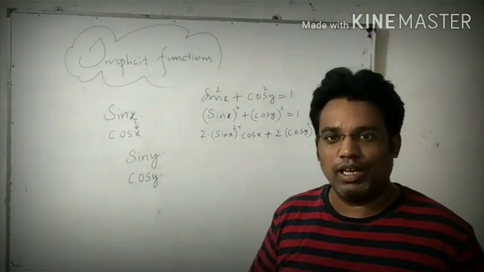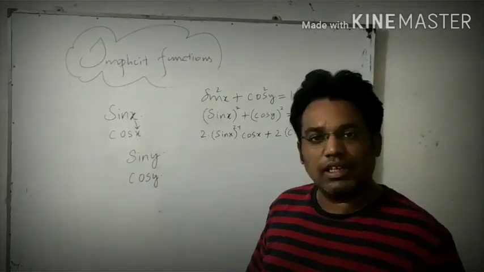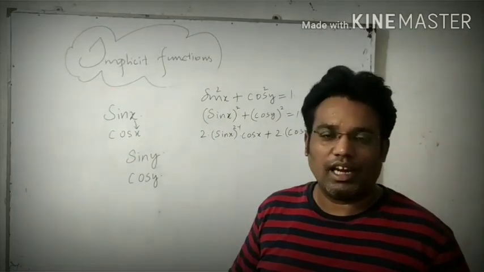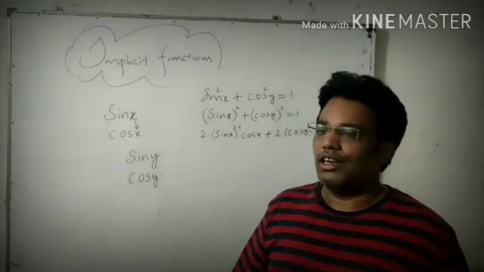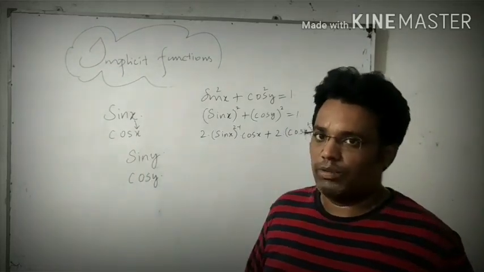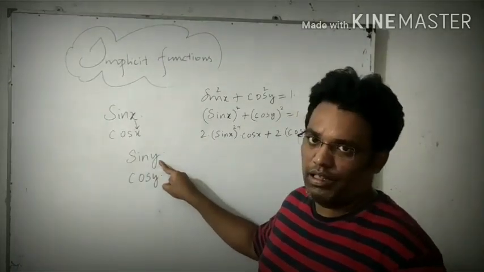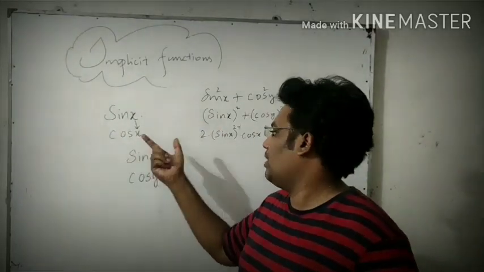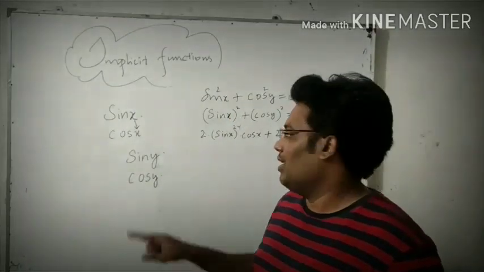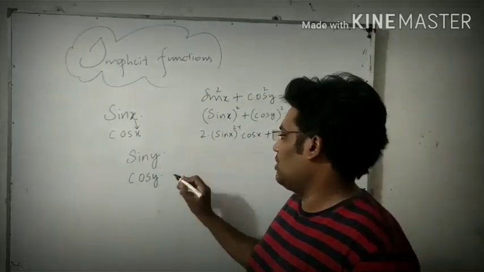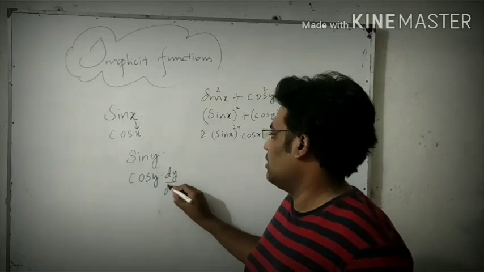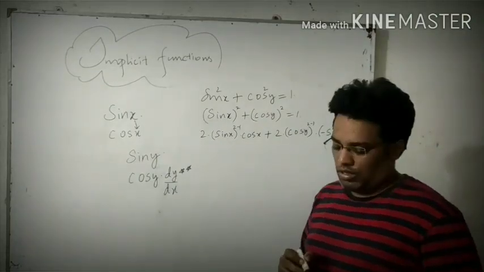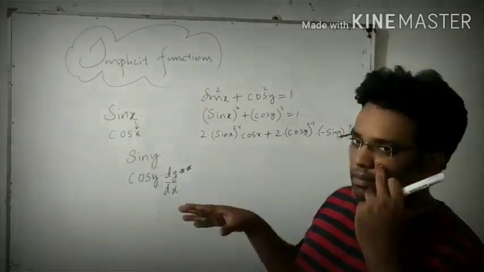I have taught you that if you have anything apart from x, write that as it is, then differentiate that. Now look, when you are differentiating with respect to x, you need to have x, but you don't have x here. Therefore keep that variable as it is. Differentiation of sin y is cos y, and finally differentiation of y with respect to x is dy by dx. This is very simple and important. This is the area where you'll be committing a lot of mistakes.